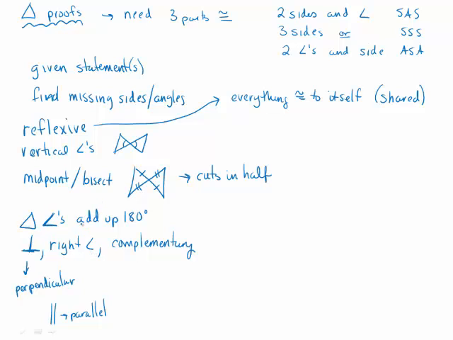Triangle angles add up to 180. And then you got right angle, perpendicular, complementary. Complementary are two angles that add up to 90. And then just since we're going over it, supplementary are two angles that add up to 180.